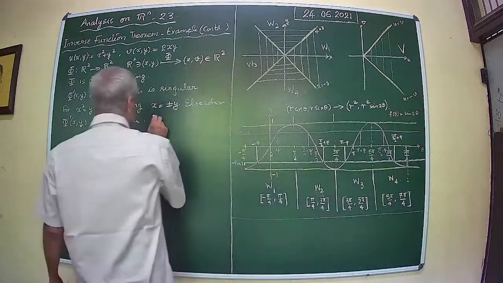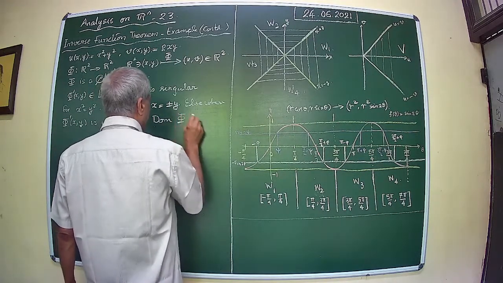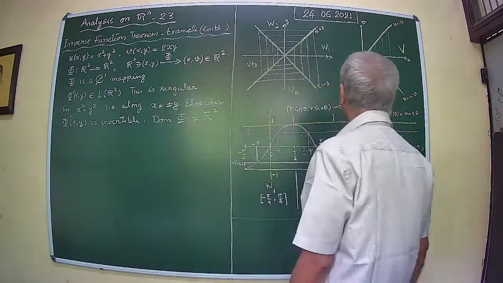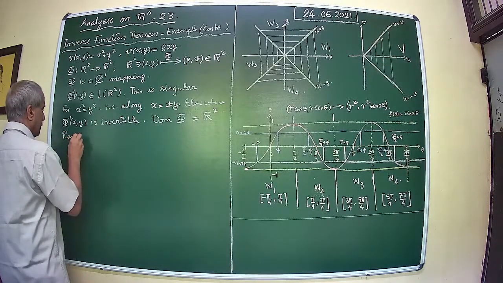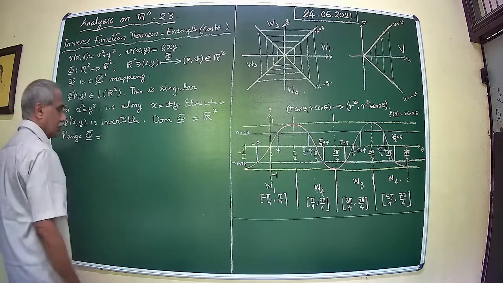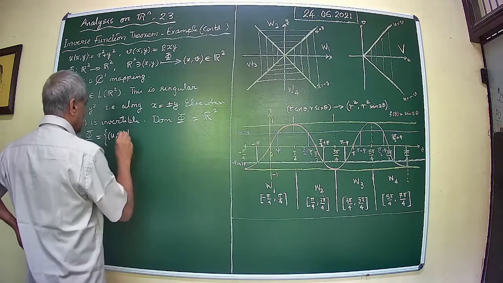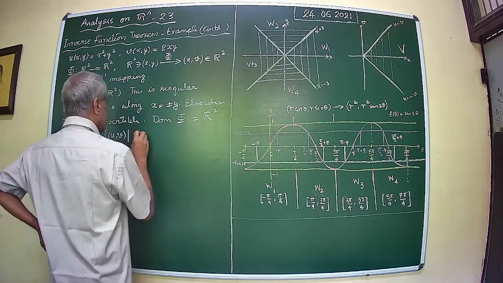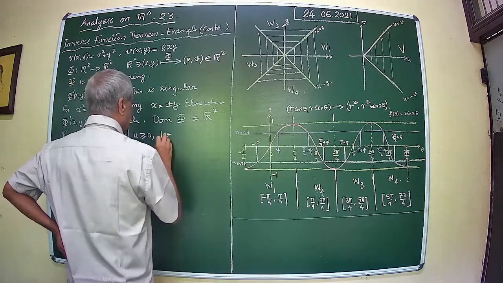Domain is, of course, R2, the xy plane, and the range of phi is equal to the set of all (u,v) such that u is greater than or equal to 0, and v is such that mod v is less than or equal to u.